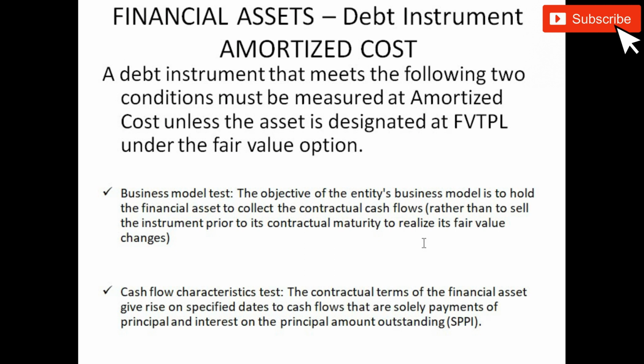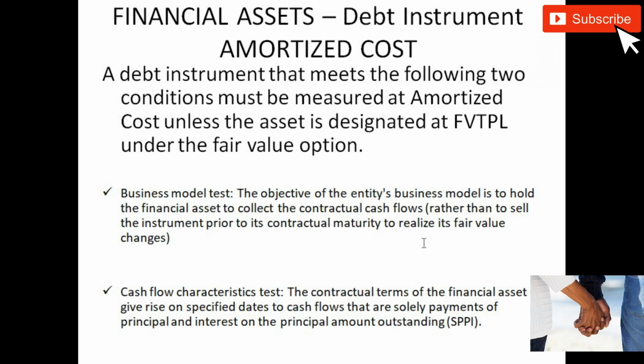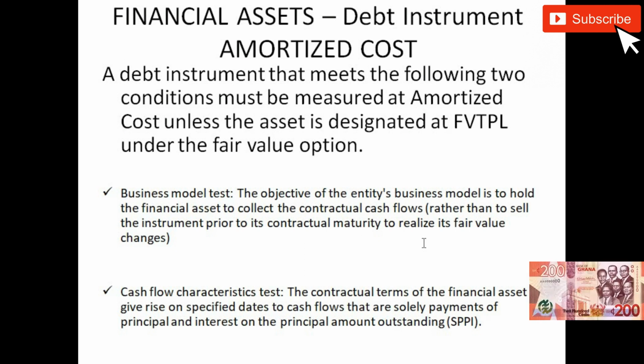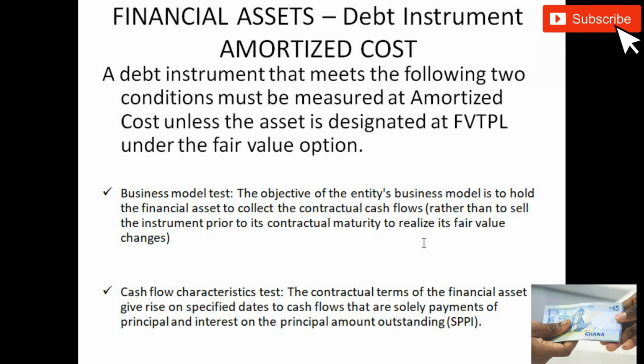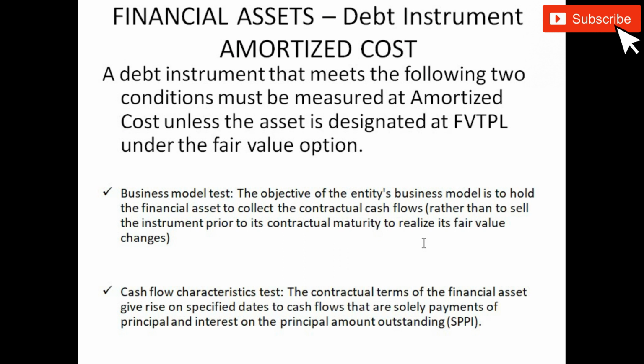The first condition is the business model test. The objective of the entity's business model is to hold the financial asset to collect contractual cash flow rather than to sell the instrument prior to its contractual maturity to realize its fair value changes.